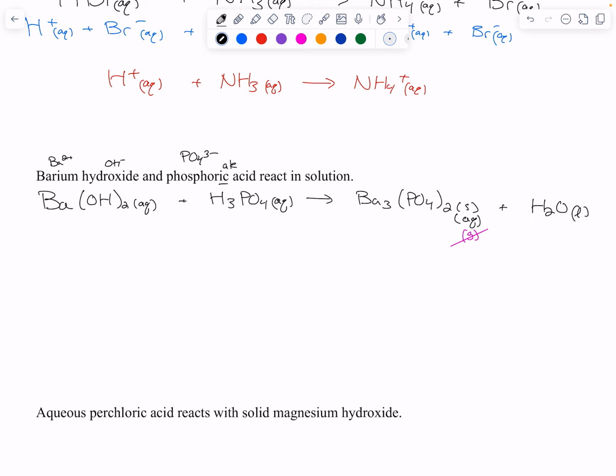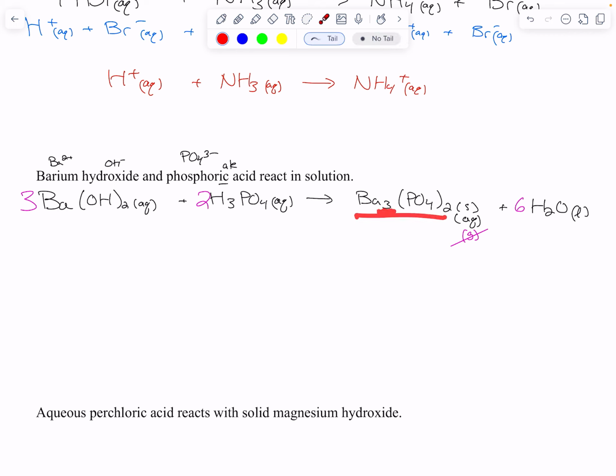Now, is this balanced? No. And so if we start with the salt, 3 bariums, 2 phosphates, and so then I'm going to end up with 6 waters. Hopefully we balance enough equations that's okay, right? Because I always start with the salt.